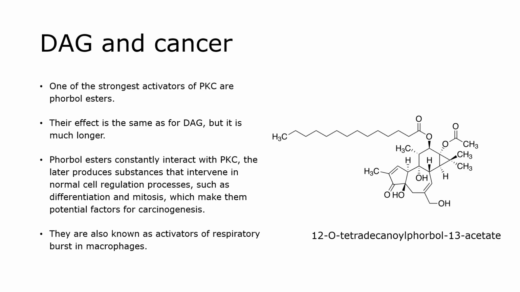For example, DAG can affect protein kinase C for about seconds or minutes, whereas for phorbol esters the approximate amount of time is hours or even, seldom, days of activating protein kinase C.